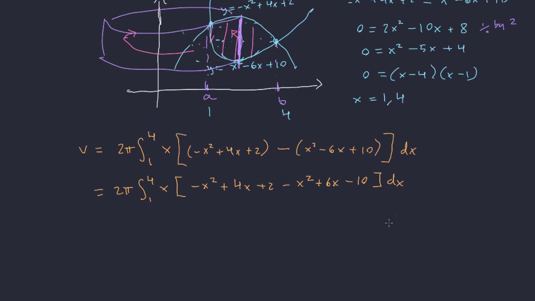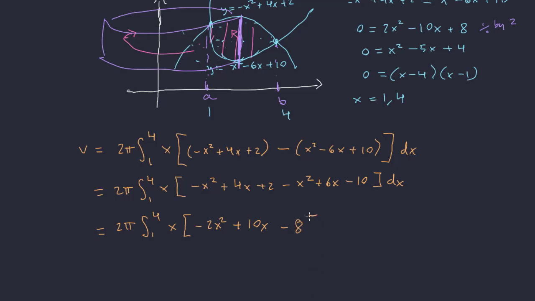All right, now we'll simplify. So I'll have negative 2x squared. We'll have plus 10x and minus 8.